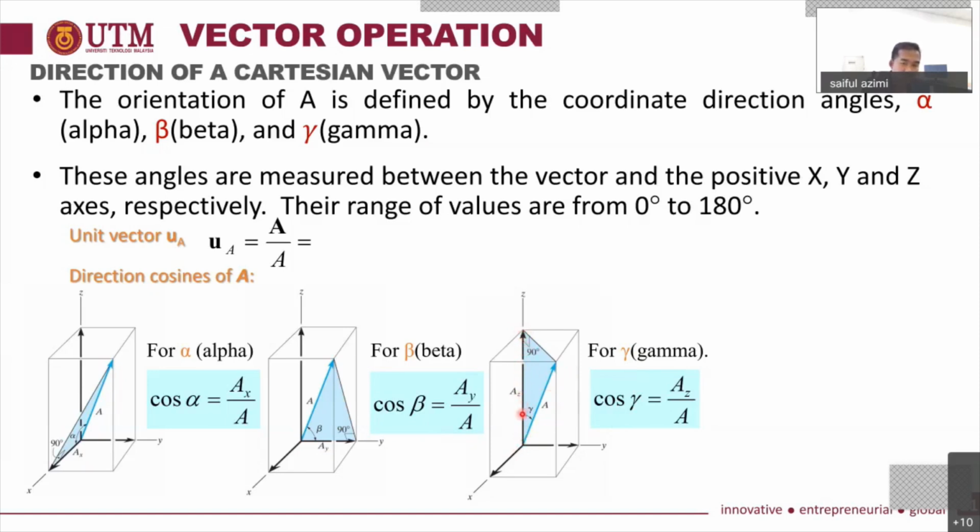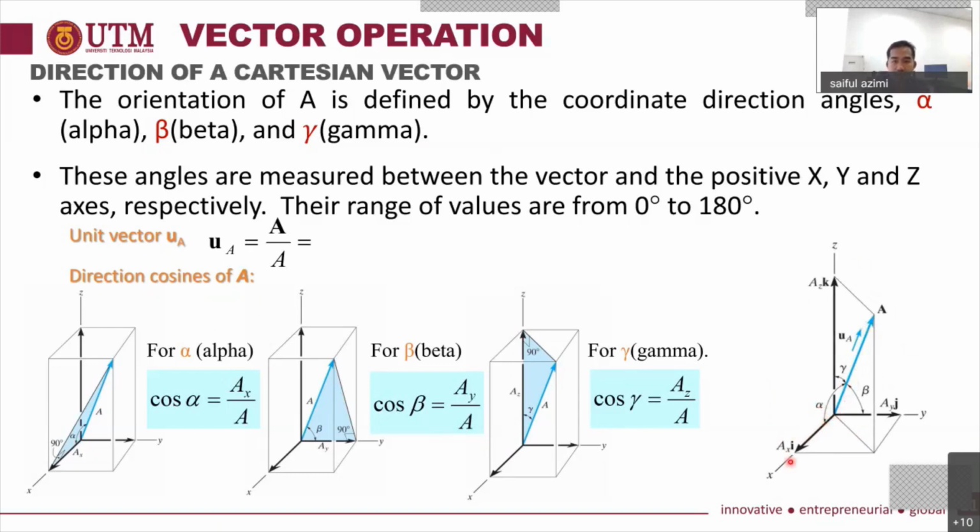So it comes from the z-axis to the resultant force A. From here, I'm sure that you can already differentiate the differences between alpha, beta, and gamma, and where you can find those angles or orientations. You can also refer to here. This is your resultant force.